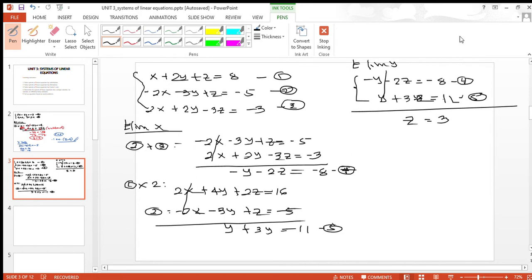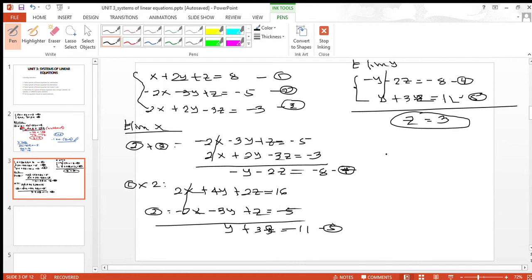And if z is equal to 3, we can now back substitute to solve for y. You can substitute z in either 4 or 5. Sorry, this should be z.